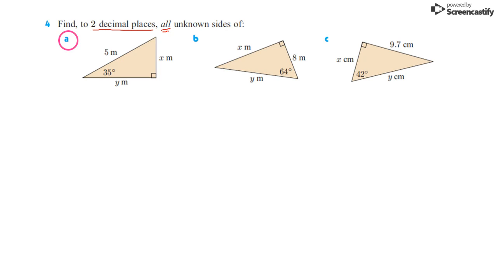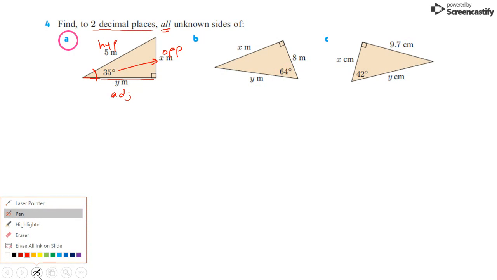But for this one, we have reference angle 35, right? So this is our reference angle. That means this is the opposite, this is the adjacent, and this is my hypotenuse. So let's see, first thing I can do, I can solve for x. Let's go alphabetical.